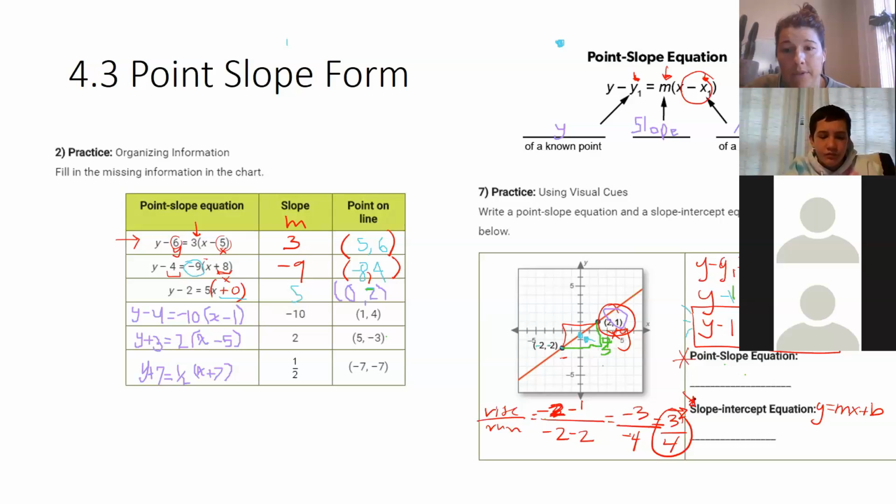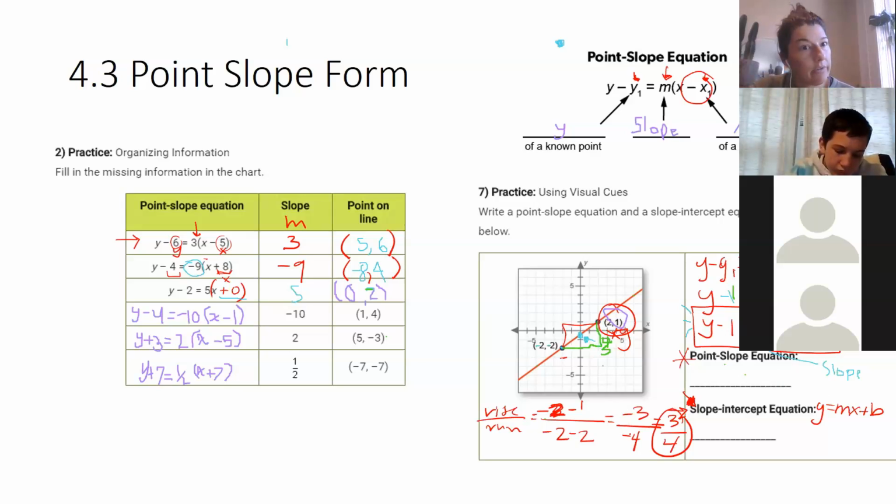What was that other piece of your slope intercept form tattoo? It said solve for y.